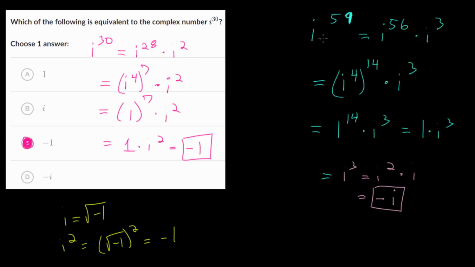So it is possible to raise i to very large powers. The difficulty just comes in figuring out the closest multiple of 4 that's less than that power. And in this case, 56 was the closest to 59 without going over it.